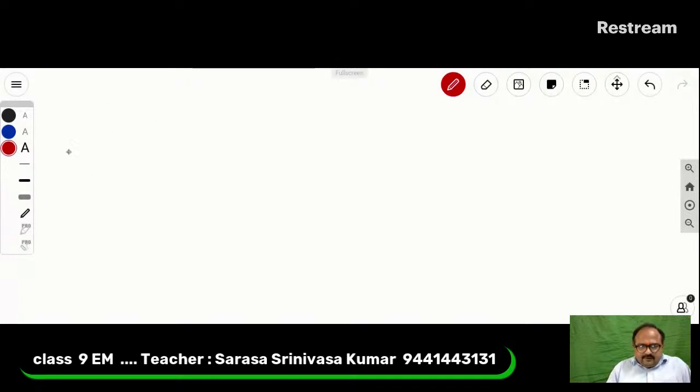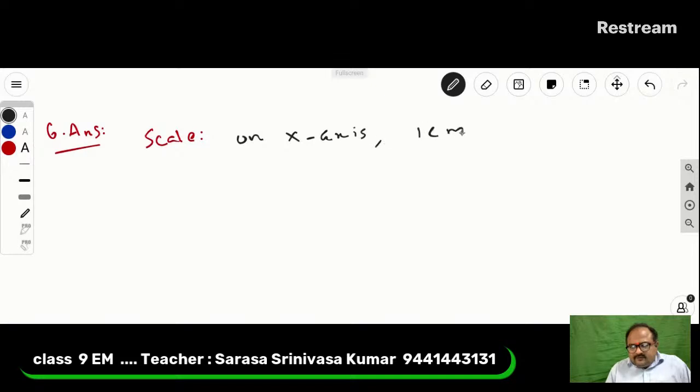So answer for the problem 6. Now we should write the scale. What is the scale on x-axis? Scale on x-axis 1 centimeter equal to 1 class interval. Now we write the scale. Scale on x-axis 1 centimeter equal to 1 class interval.